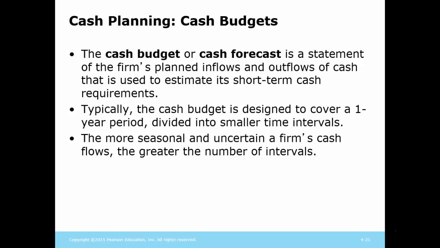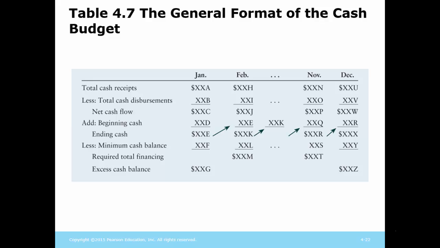It's probably not going to cover much more than a 1 year period, but it's going to incorporate the seasonal nature of the company. So there's going to be a variety of forecasting, a variety of decisions made by management as to how the cash actually comes to the company.